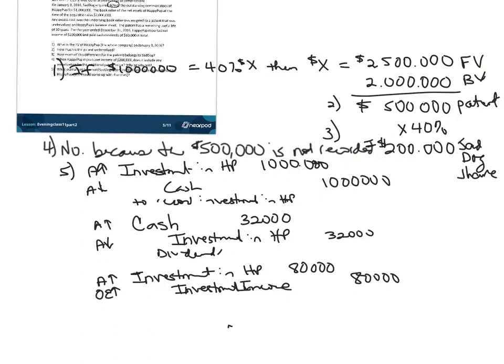Okay, then the last piece is we have to do something with this $200,000 share of the patent. And GAAP says, all right, Sad Dog, you're going to have to recognize the amortization over the remaining life of this intangible asset. So $200,000 in value with a 10-year useful life, which the problem tells us, means it's going to have amortization every year of $20,000. So I know $20,000 is the amount for my journal entry.